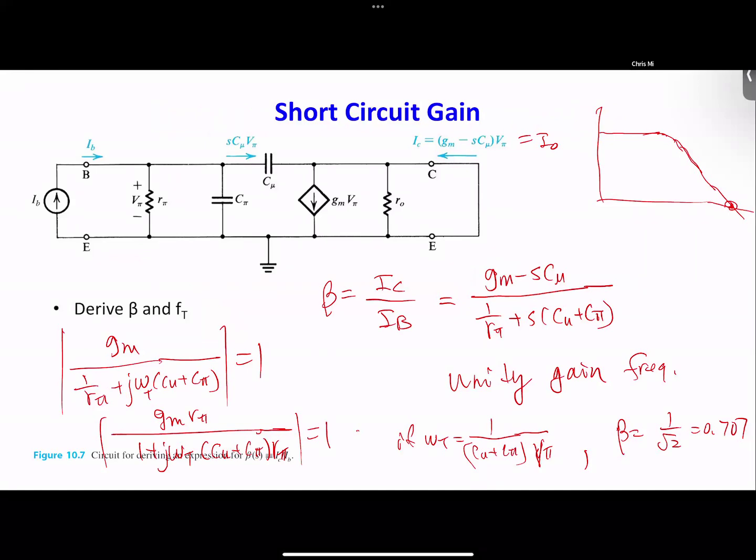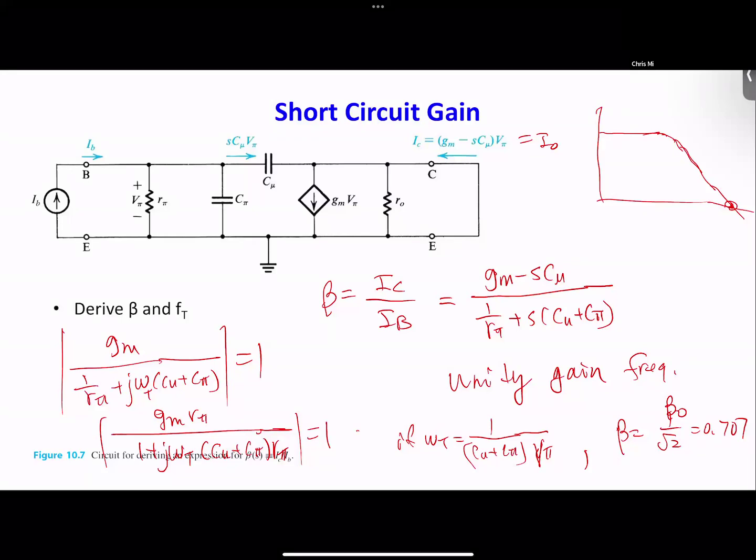You keep the j omega in the denominator. Why do you get rid of it in the numerator? Did we? Well, no, we did not get rid of the denominator. Oh, you mean GM times R pi? So this is beta. This is a constant. Well, let's call it beta 0.